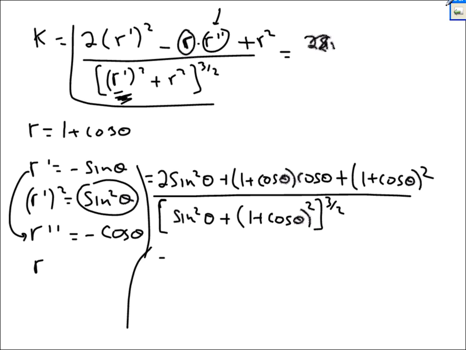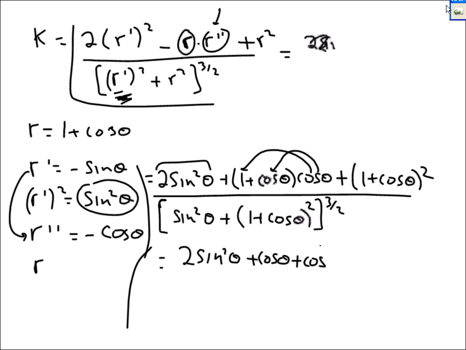Okay, let's clean this up. You have this, and you have positive cosine theta times 1, which is positive cosine theta, plus positive cosine theta times positive cosine theta, which of course is cosine squared theta, plus 1 plus cosine theta squared.